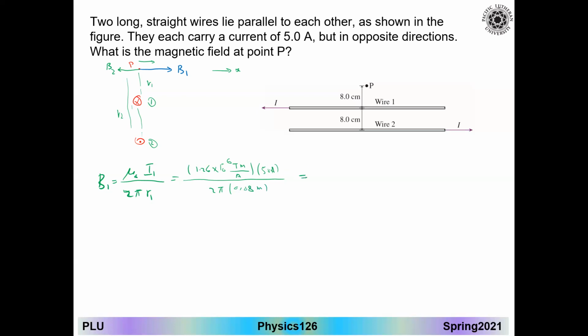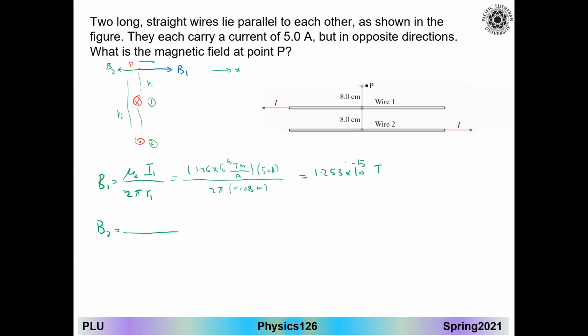And the calculation here will be 1.253 times 10 to the minus 5 Tesla.